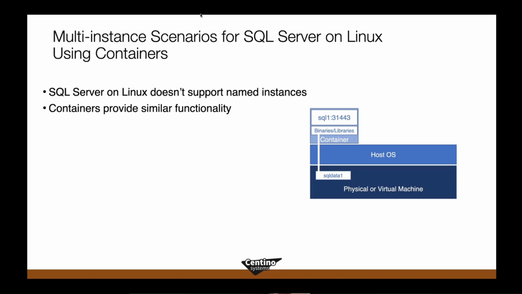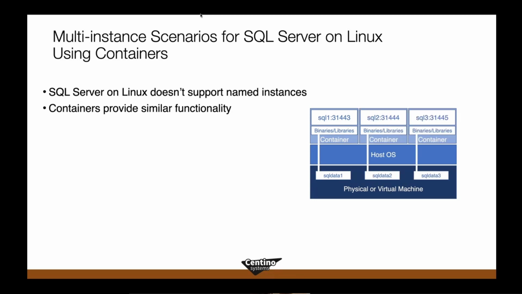And so here you can see I have a SQL Server container that's up and running, and then another one and another one. And what we need to do to deploy multiple containers of SQL Server on an individual host is deploy them with some unique things, specifically a unique container name. On the right there, you can see SQL 1, SQL 2, SQL 3. We also have to have unique storage.